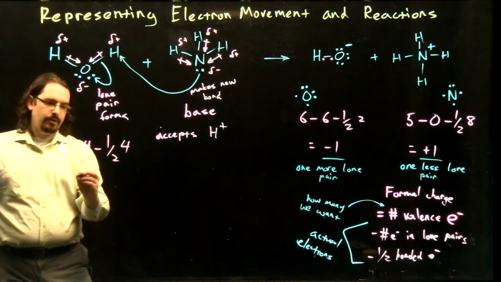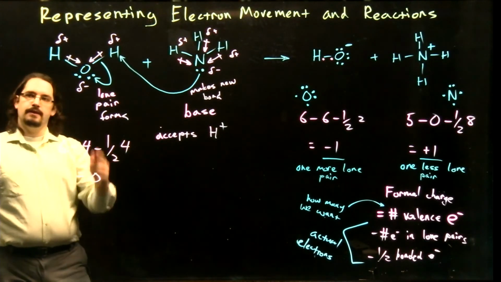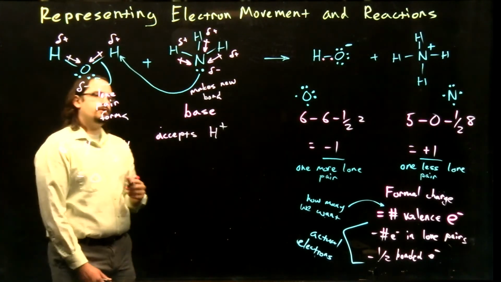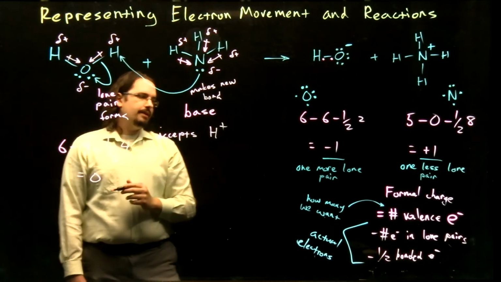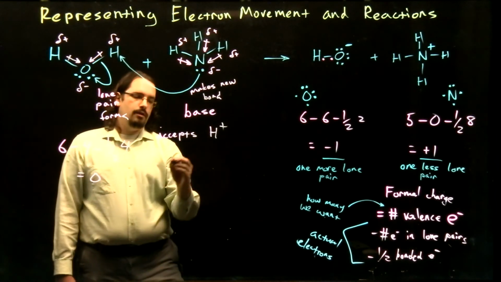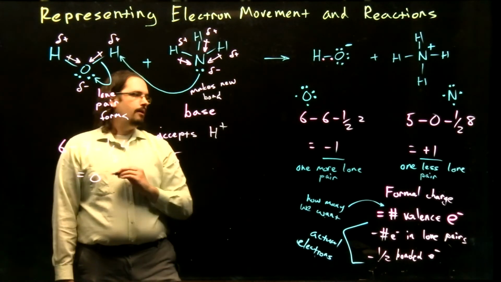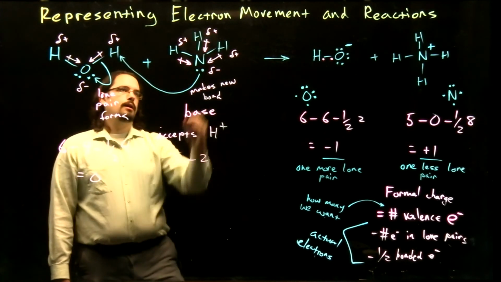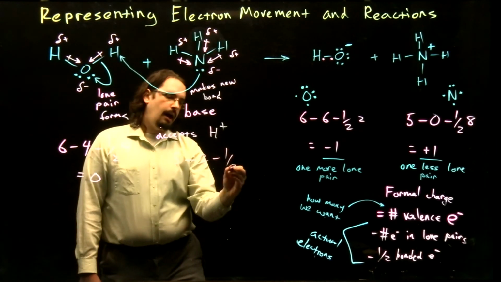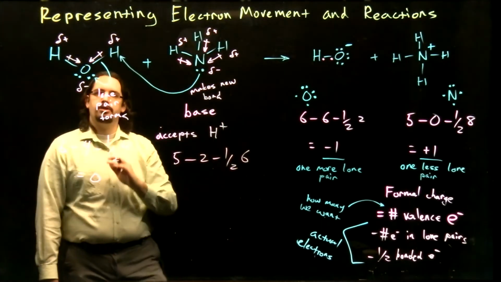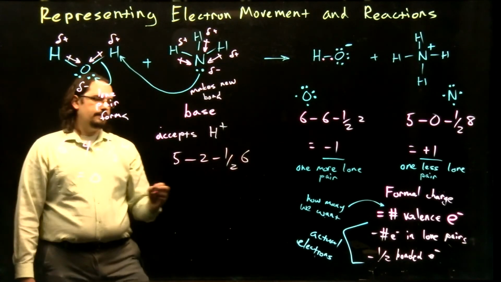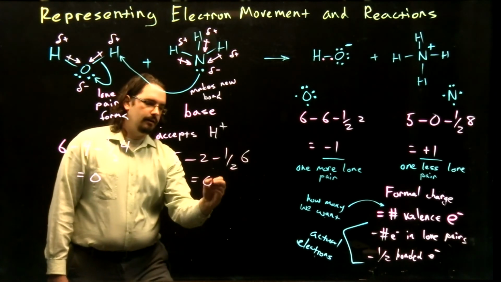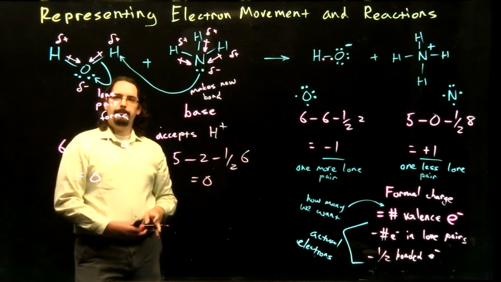Half of 4 is 2. This comes out to 0 as the formal charge for our oxygen. We can do the same thing over here for our nitrogen as well. We take the 5 electrons that we'd expect, subtract the 2, subtract half of those 6 electrons that are shared in our bonds, and we again get a formal charge of 0.